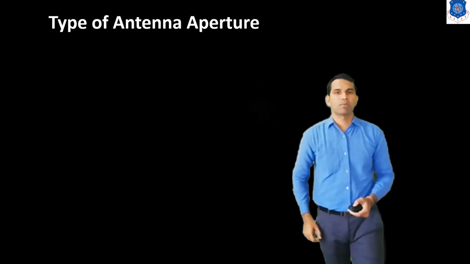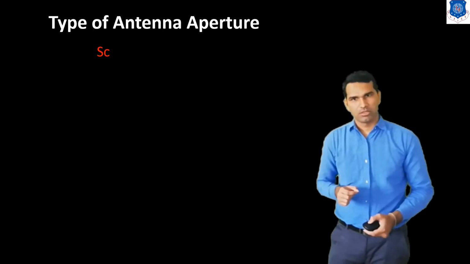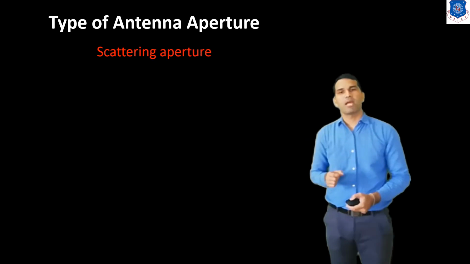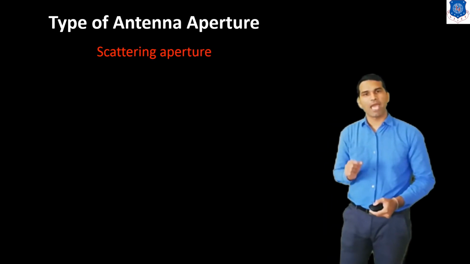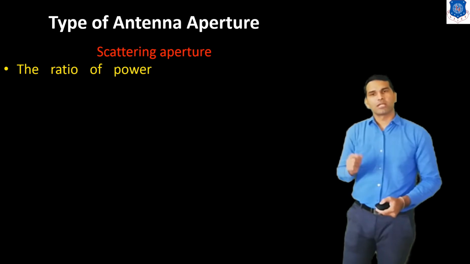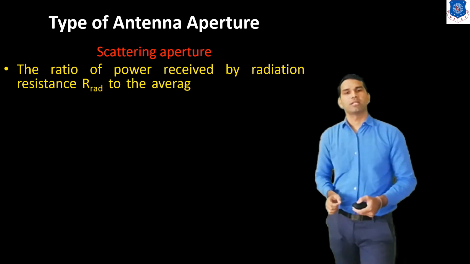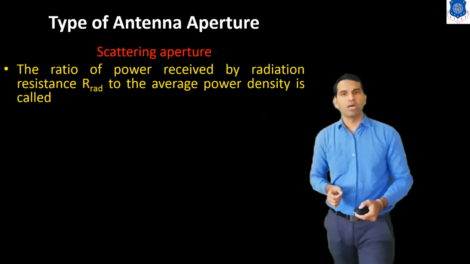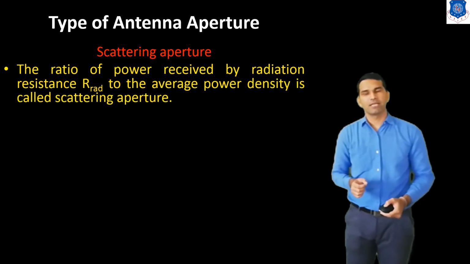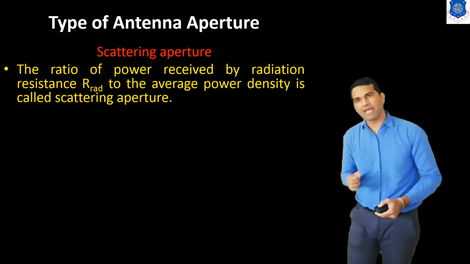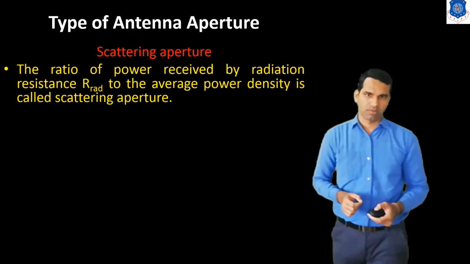Now we discuss the antenna aperture. The first aperture we discuss is the scattering aperture. The ratio of power received by the radiation resistance, that means R radiate, to the average power density is known as the scattering aperture.